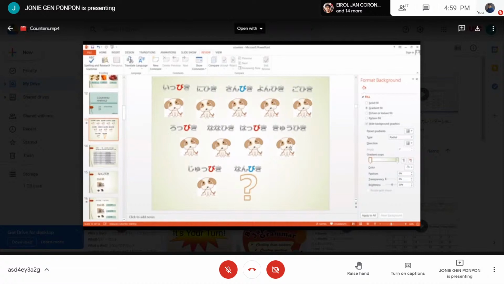Okay? And then dito na, in this case, you can now use the 11 dogs, 12 dogs. What's the Nihongo for 11? That is juichi, right? But since 1, ang last digit niya, that is 1, it will become juippiki, not juichihiki, but juippiki.